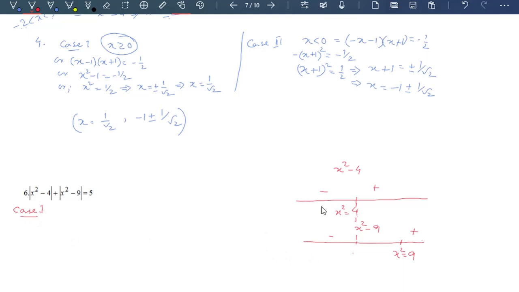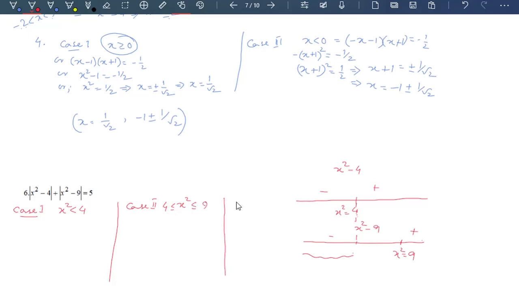Case 1, the first interval is minus infinity to 4. Let us take the cases. X square is less than 4. Case 2, x square lies between 4 to 9.